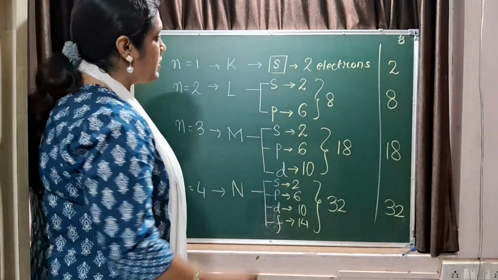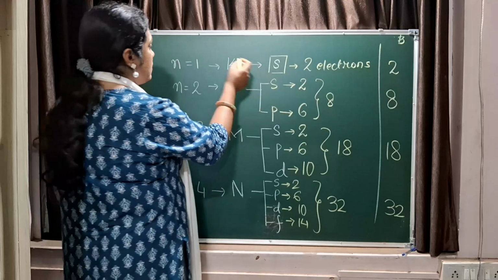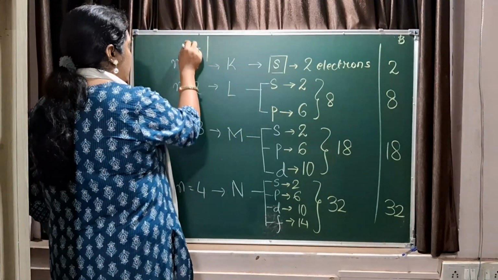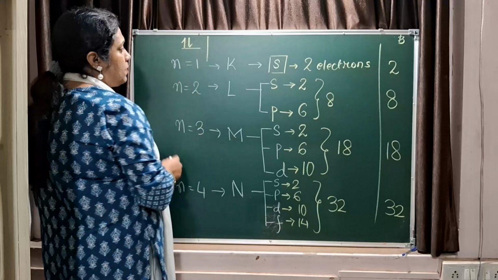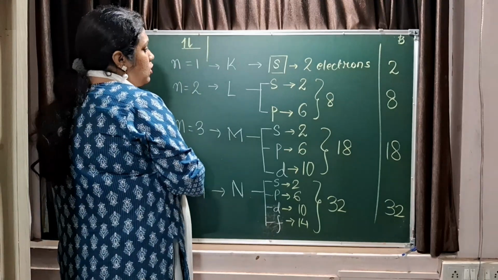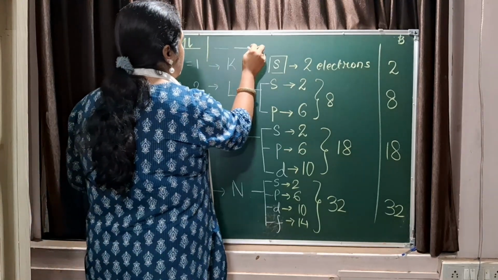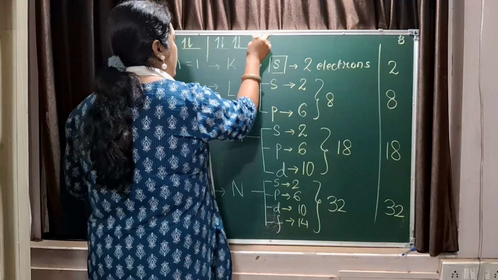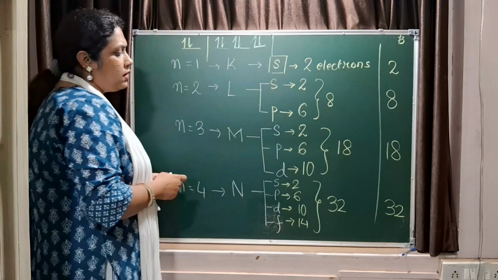Seeing the capacity, just understand it like benches. S has one bench, so it has 2 electrons capacity. P has 3 benches, so it has 1, 2, 3, 4, 5, 6 electrons capacity.